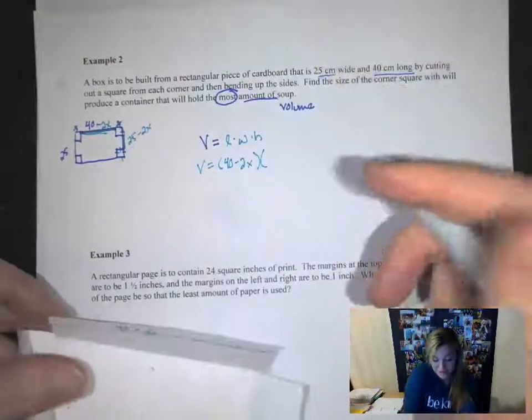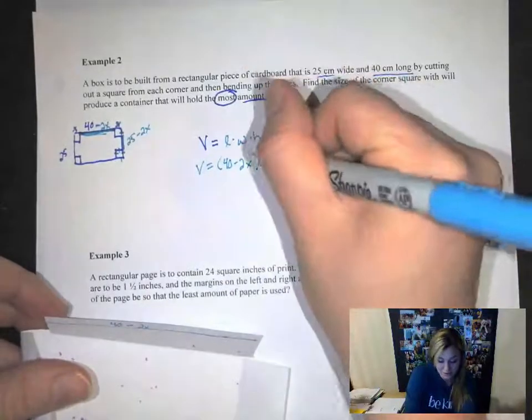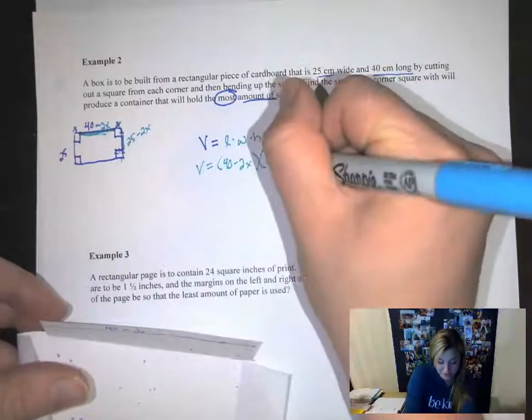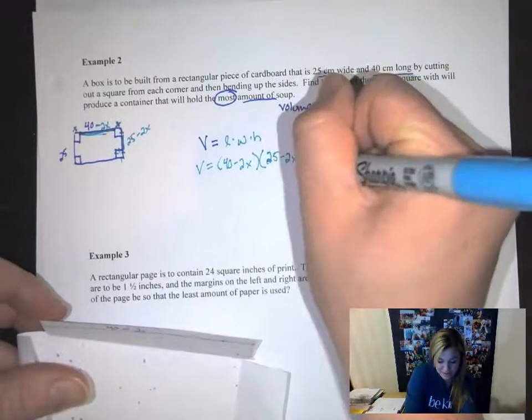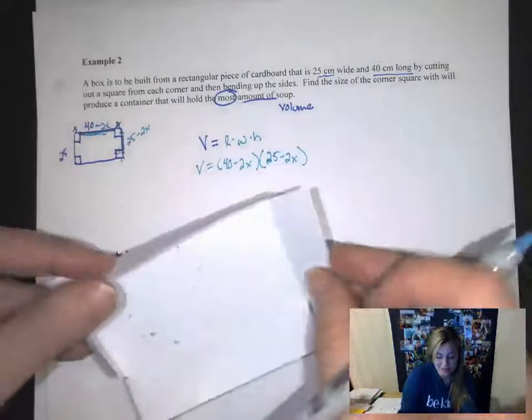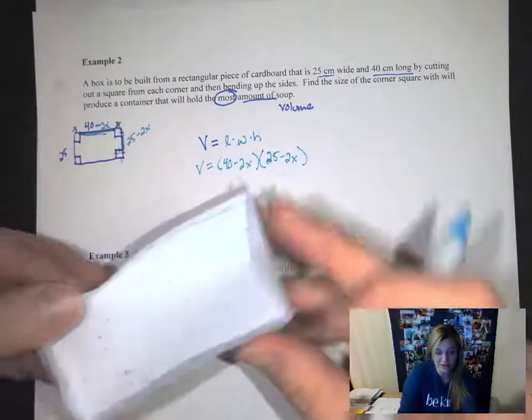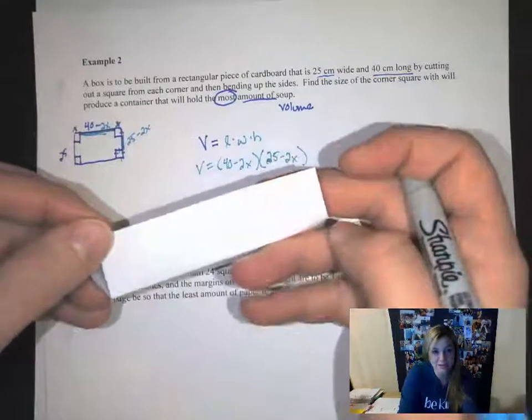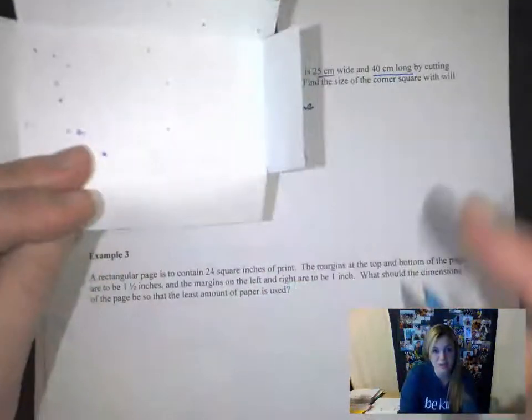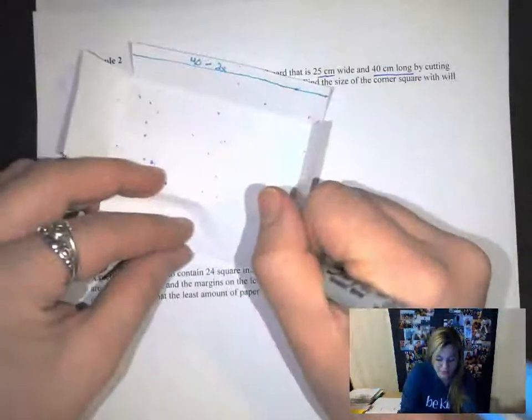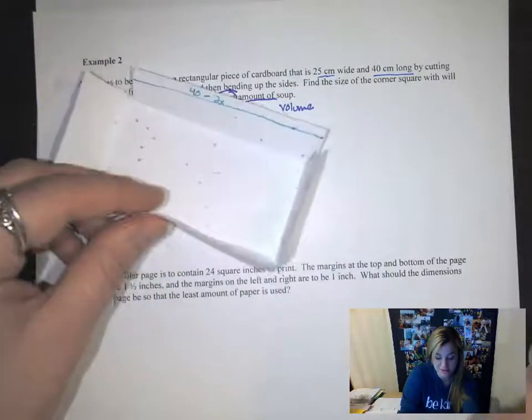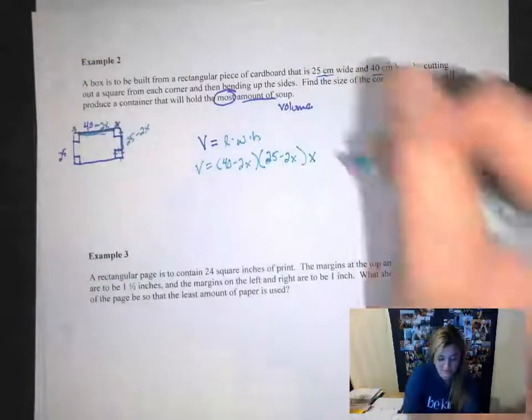My width is going to be this side, 25 minus 2X. And then my height, if I look at this on the side, what is my height going to be? This is just what I cut out over here, and this was a length of X. So my height is now going to be X.